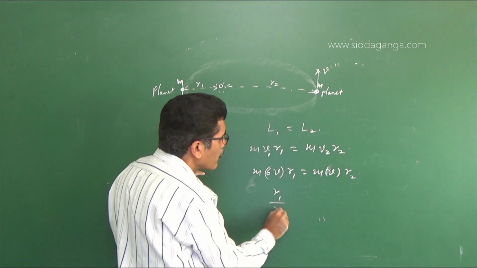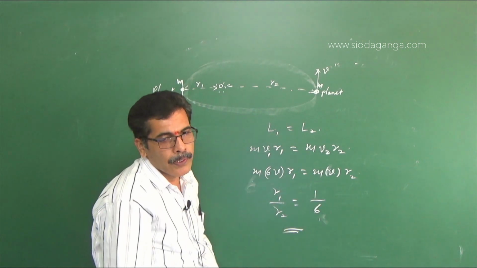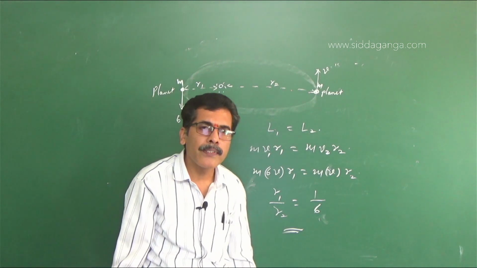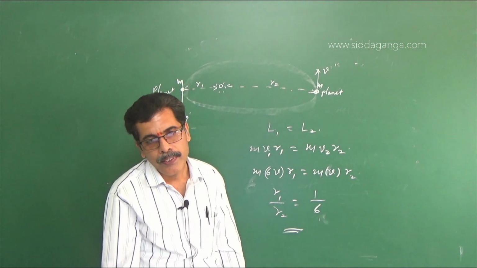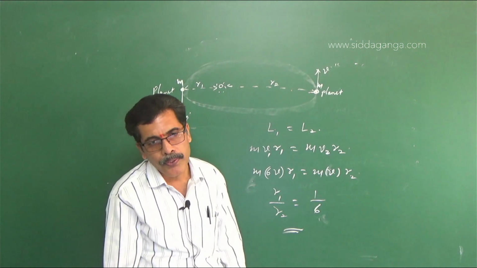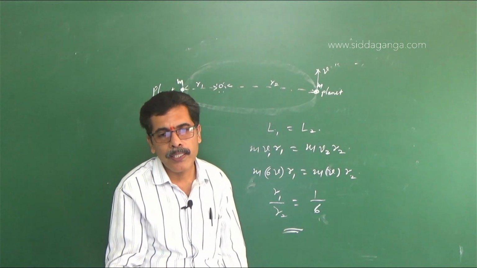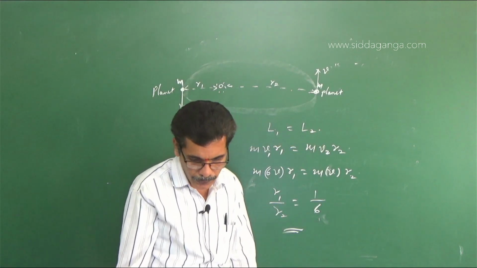Therefore r1 by r2 is equal to 1:6. It's given by 1:6. Because you know that the areal velocity of the planet remains constant, not just angular momentum. So even the areal velocity of the planet revolving around the sun remains constant. This is according to Kepler's laws of planetary motion.